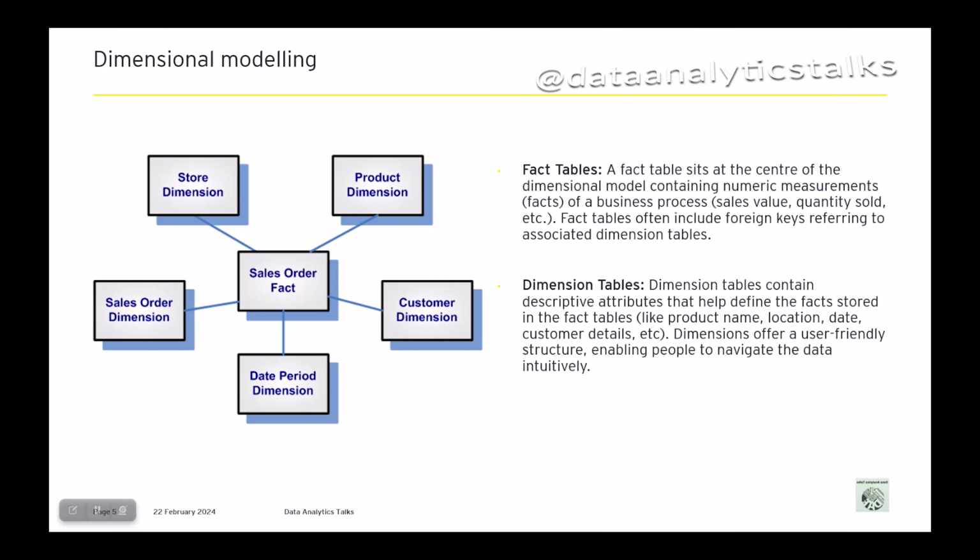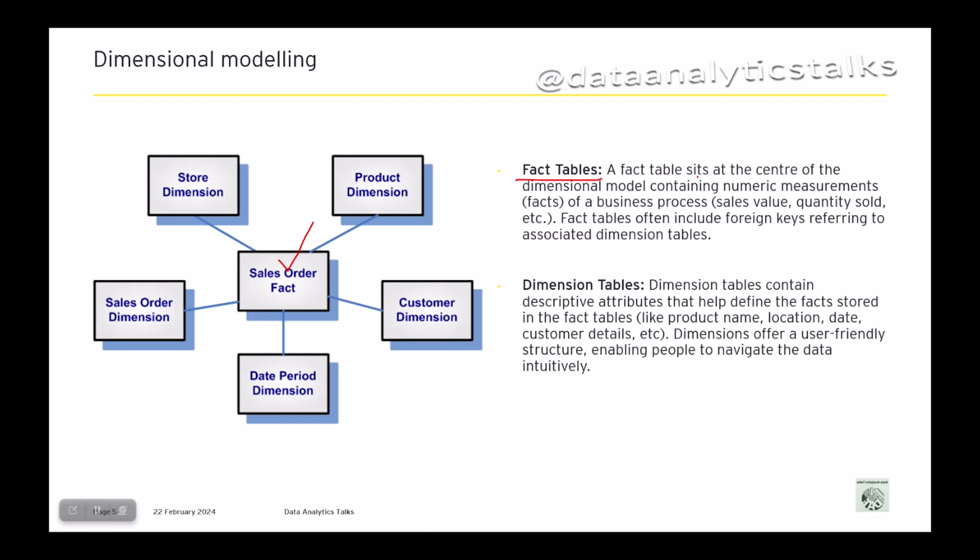So in dimension model, there are two types of tables, fact table and dimension table. Look at the diagram, you can understand it is basically the central, that is a fact table. Then we have other dimension tables related to the fact table, right? The fact table is carrying foreign key relationships from the dimension tables.